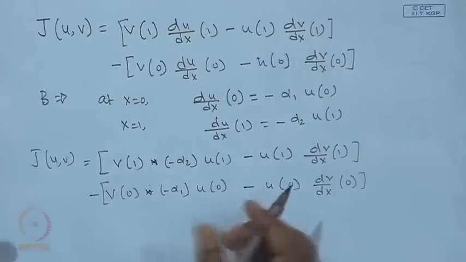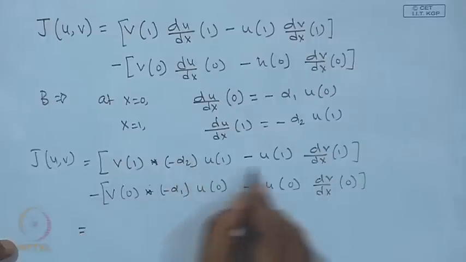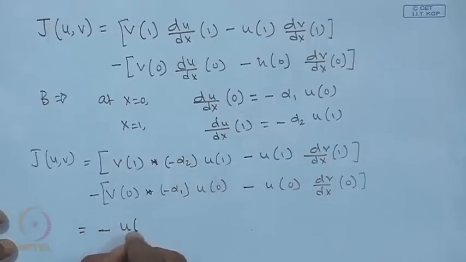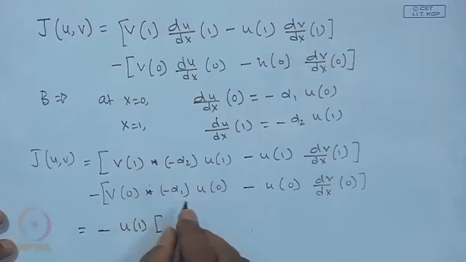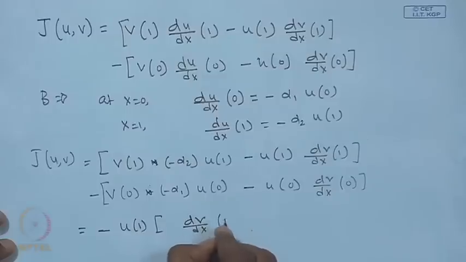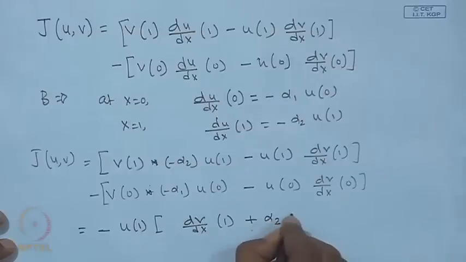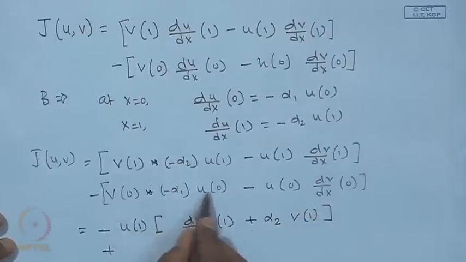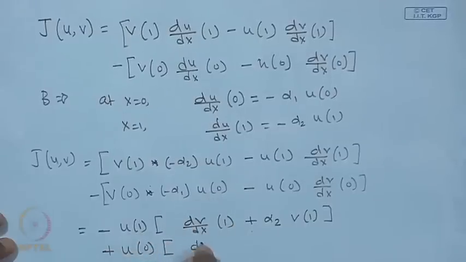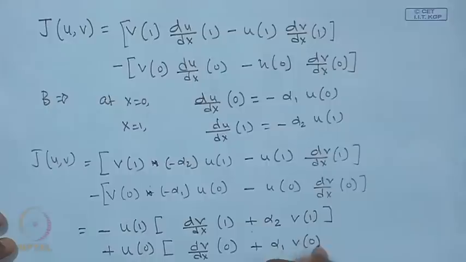Next, we take minus u at 1 common. So, what is left behind is dv/dx at x equal to 1 plus alpha 2 v at x equal to 1, and similarly take u at 0 common, so it will be dv/dx at 0 plus alpha 1 v at 0.